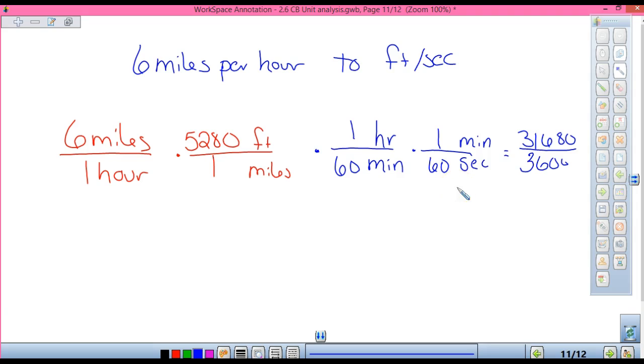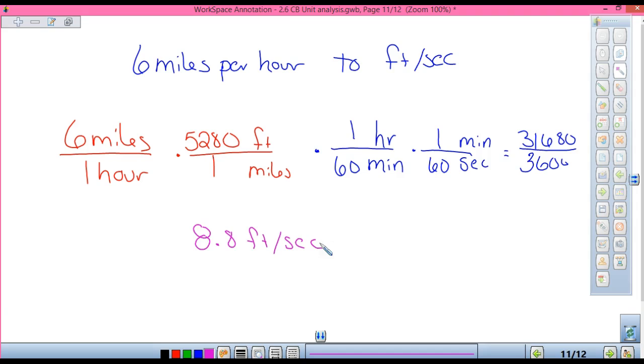When I divide those out, what is it? So 8.8 feet per second is what I'm covering at 6 miles per hour.